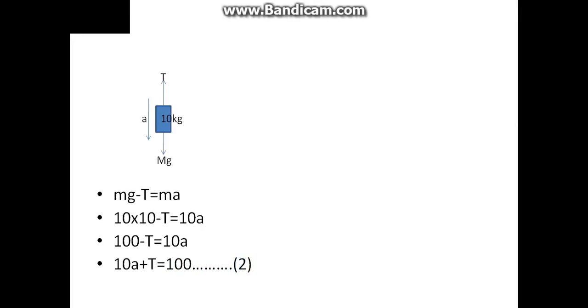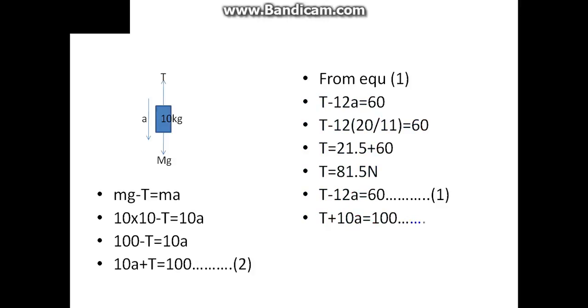Putting the unknown values on one side and the known values on the other side, we have 10A plus T is equal to 100, which will be our equation 2.